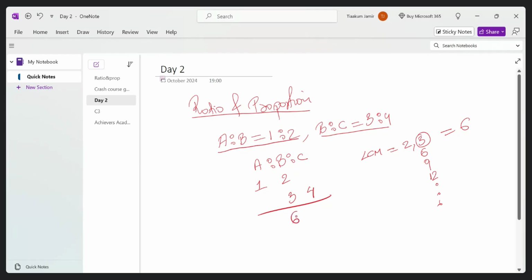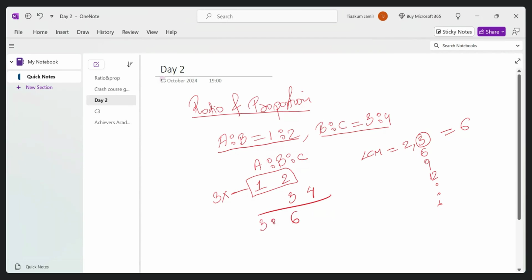So in this equation, in order to get B as 6, we need to multiply with a number. What number do we need? 3 2 times is 6. So 3 1 times will give us 3.